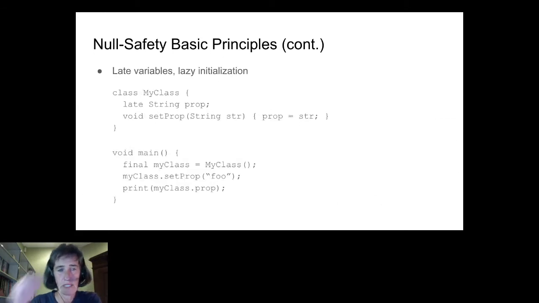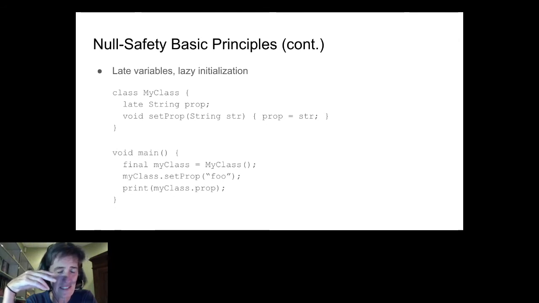Another new keyword that I found extremely useful is the late keyword. If you declare a variable as non-nullable, in theory it needs to be initialized immediately, because otherwise it would be null. Unless you add the late keyword.